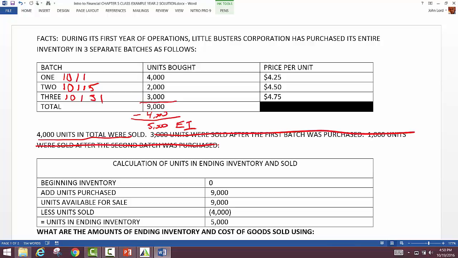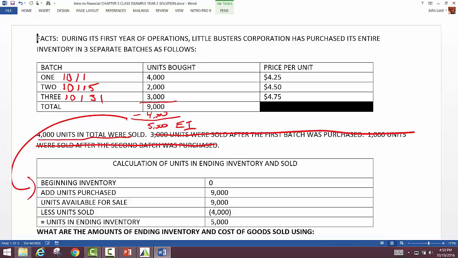Of course I wrote that here. Beginning inventory was 0. 9,000 units were purchased, so there were 9,000 units available. They sold 4,000, so the ending inventory is 5,000 units.